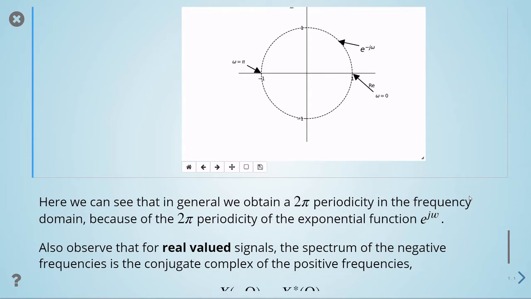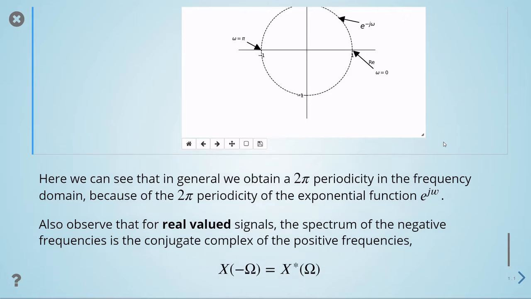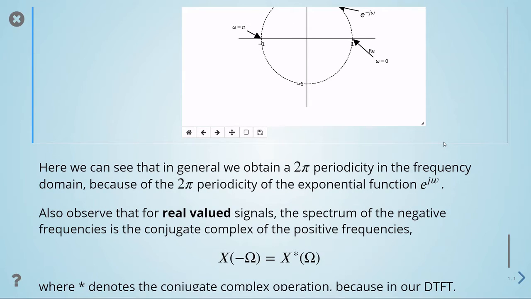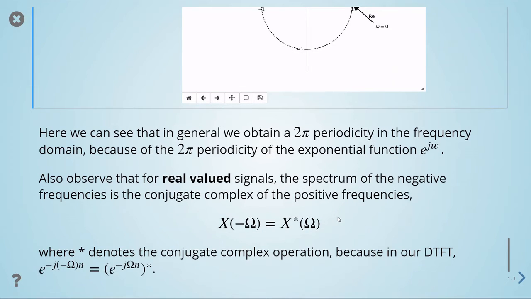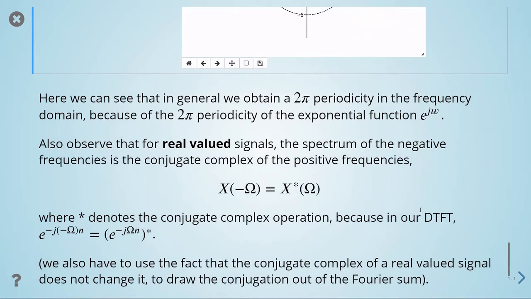So we also observe that for a real valued signal, the spectrum of the negative frequency is the complex conjugate of the positive frequency. This is also a very important property for real valued signals, and here this star denotes the complex conjugate operation, because in our DTFT, we have e to the power of minus j minus omega n, which is equal to the complex conjugate of e to the power minus j capital omega n.